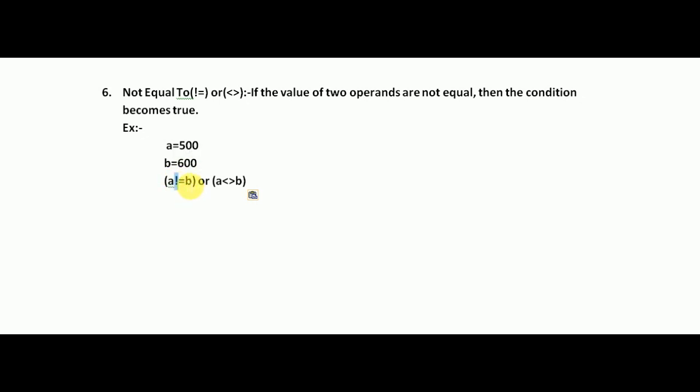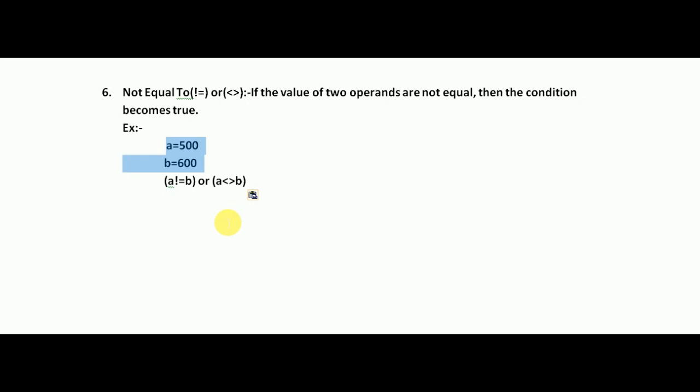Here we use two kinds of symbols, not equal to like this and not equal to like this. We can use any one of them and apply the condition. So this is all about the different operators which we use inside Python programming.